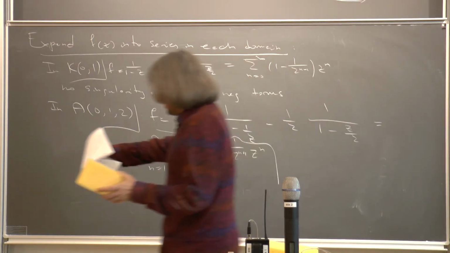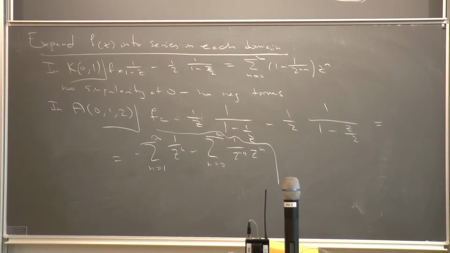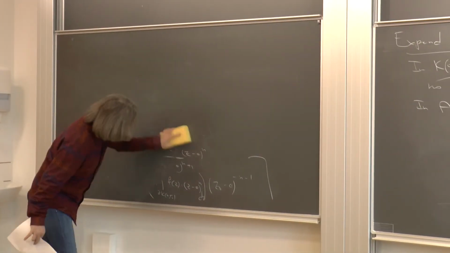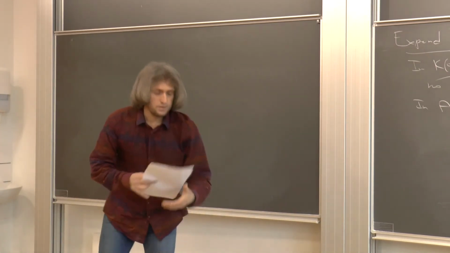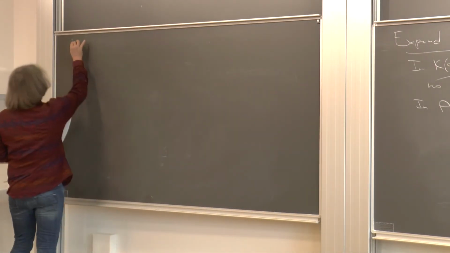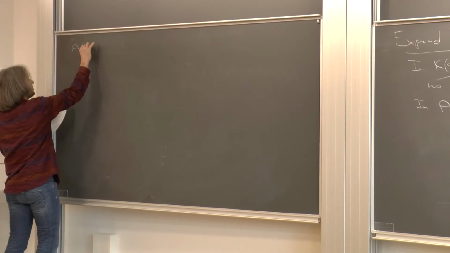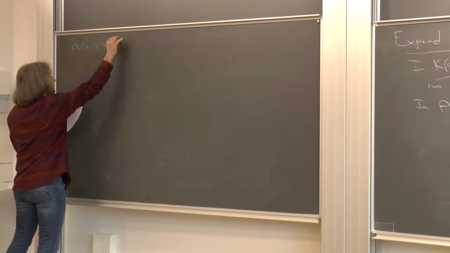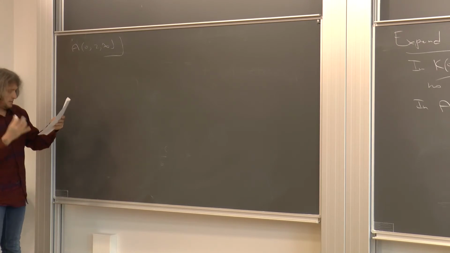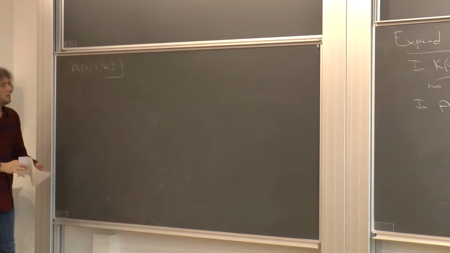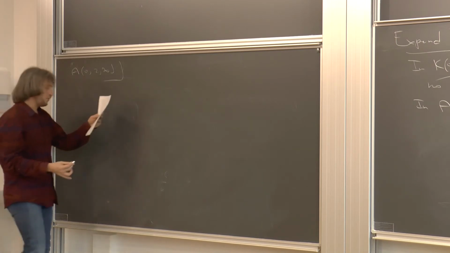Now, in the disk around infinity, so outside of the disk of radius 2, so in A 0 to infinity, we should think about this as a disk around infinity in some sense. So then we expand in 1 over z both summands.